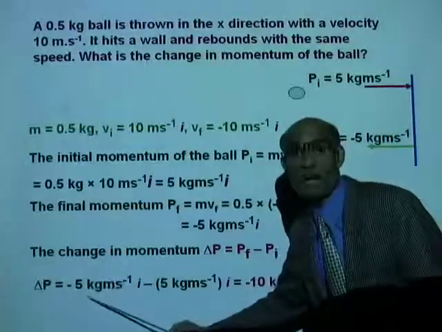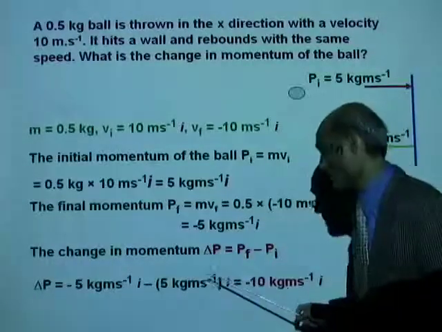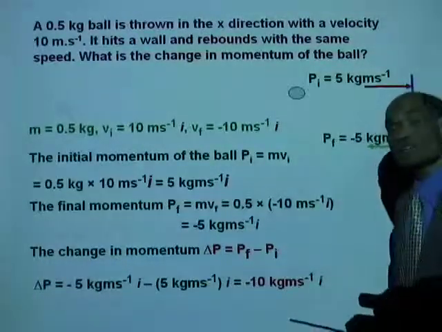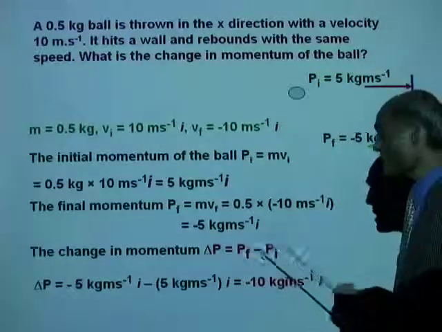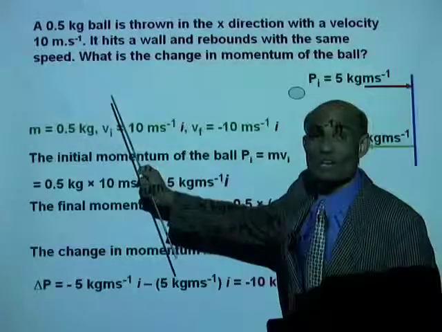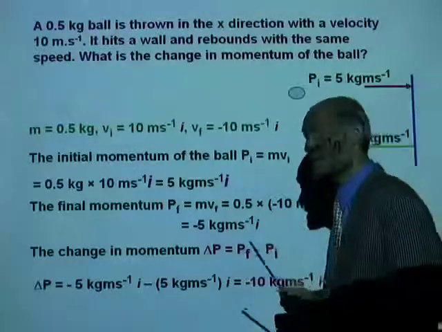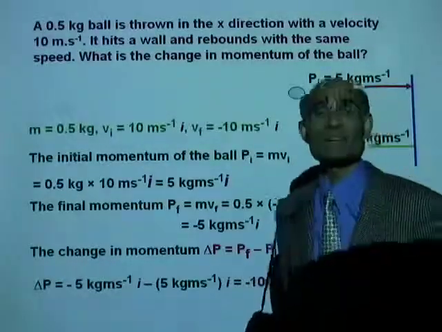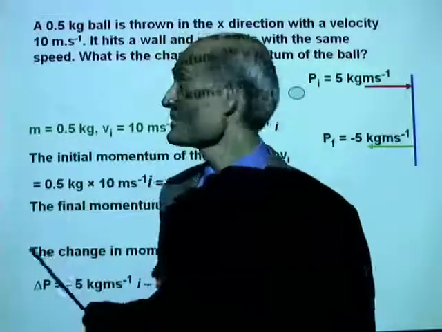Look at this, final momentum minus the initial momentum, and that gives you negative 10 kilogram meter per second i is the change in momentum. The change in momentum is in the negative x direction, and it is equal to negative 10 kilogram meter per second i. It's very important to understand that concept.